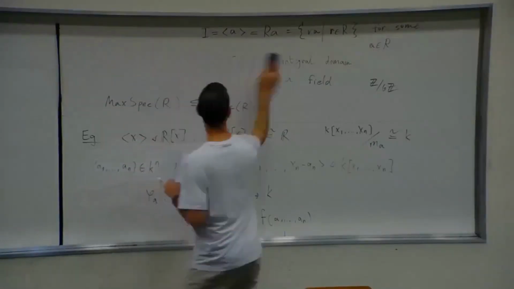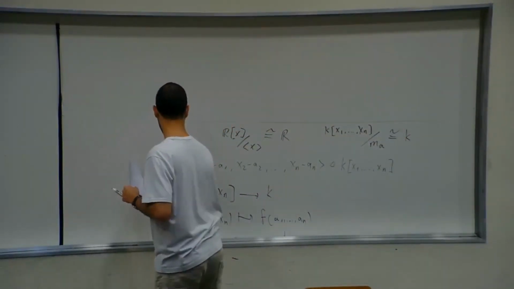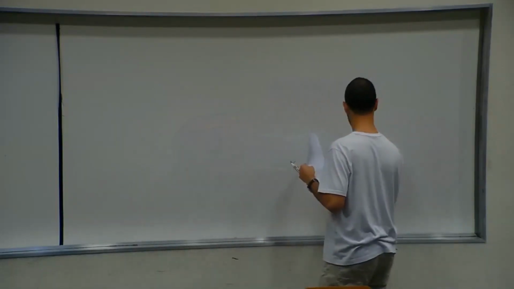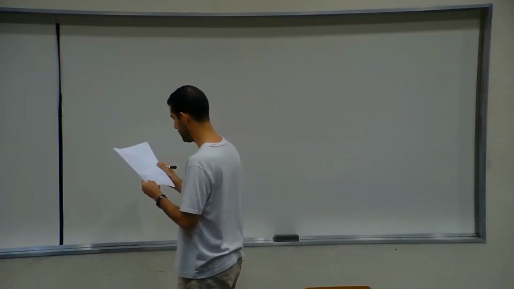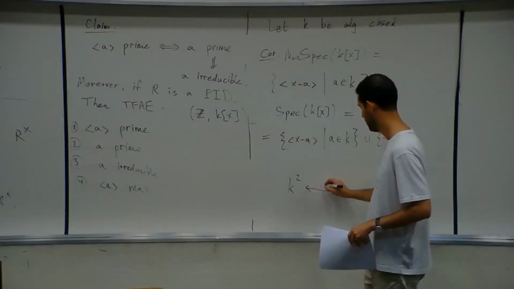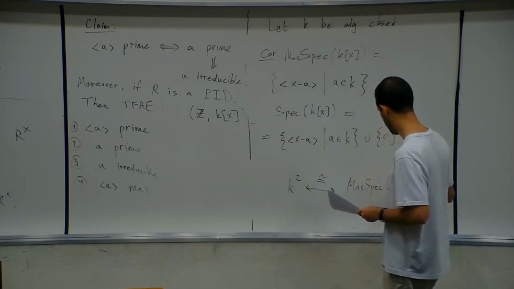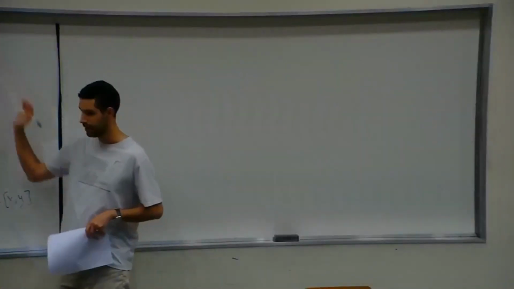So now we can move on to the more interesting case of the plane. Our goal is to show that there is a bijection between the points in the plane and the max spec of the polynomial ring in two variables, again in the case K algebraically closed.